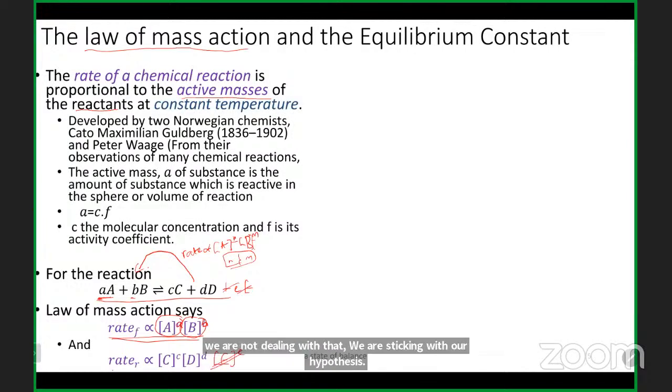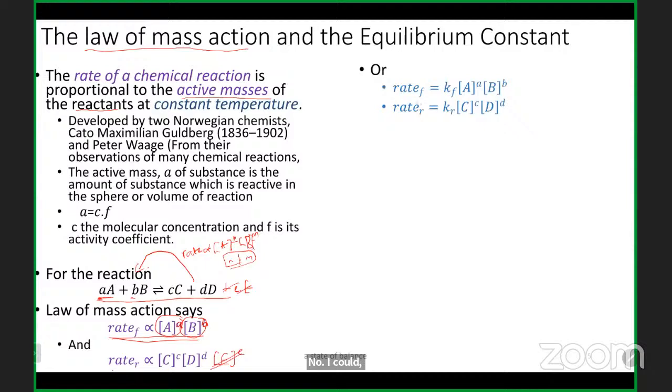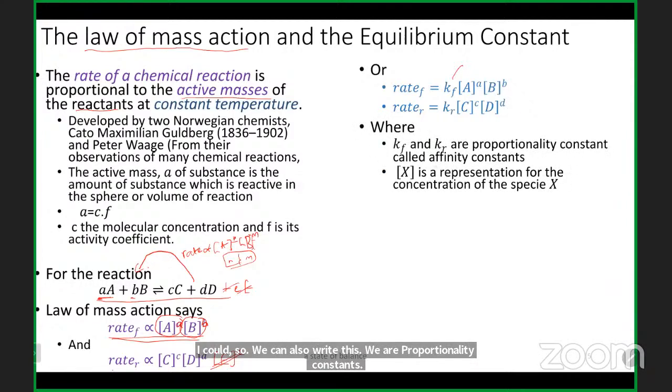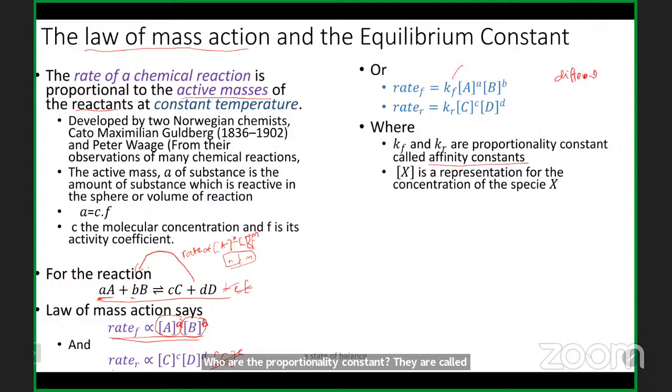Now, we can also write this where Kf and Kr are proportionality constants, they are called affinity constants. Again, they are different from rate constants in kinetics. The proportionality constants, the affinity constants, and the rate constants are different.